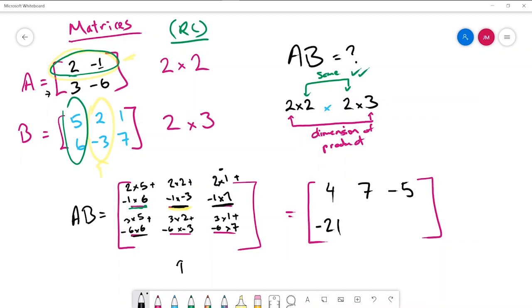And then 3 times 2 is 6, plus 18, so that gives us 24. Just got to be careful with positives and negatives. 3 times 1 plus -6 times 7. So that's the same as 3 take away 42, which would give us -39.